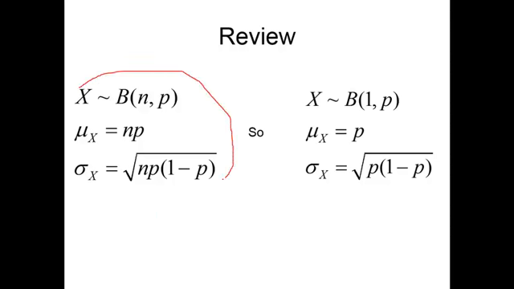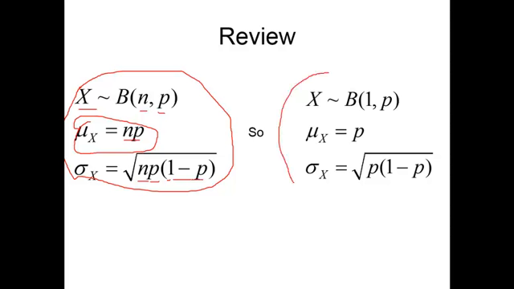Recall we did the very painful calculations to show that if we had a binomial random variable with n trials and probability P of success, the expected value was n times P, and the standard deviation was the square root of n times P times 1 minus P. When we set n equal to 1 for a Bernoulli trial, this is what we get.